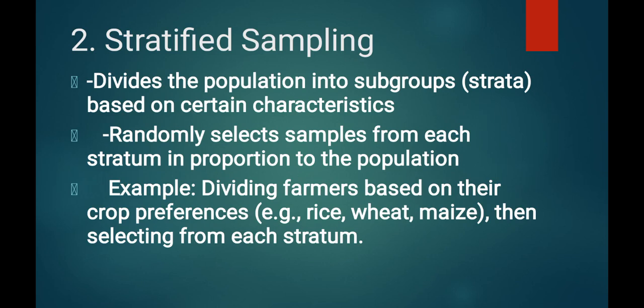After dividing them, you go into each group and choose the number you want from that stratum. Remember, the number you select from each stratum should be proportional to the whole population. This we call stratified sampling. We're going to explain in detail in the next lesson how to do it if you choose stratified, using examples on a certain topic and objectives.